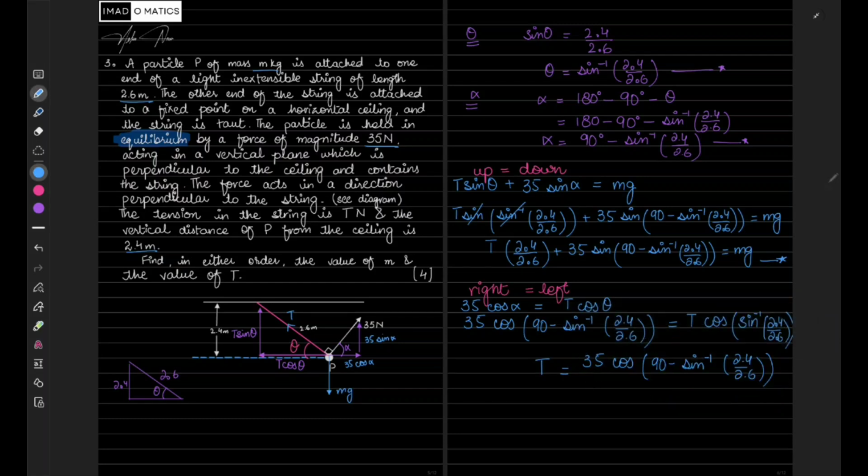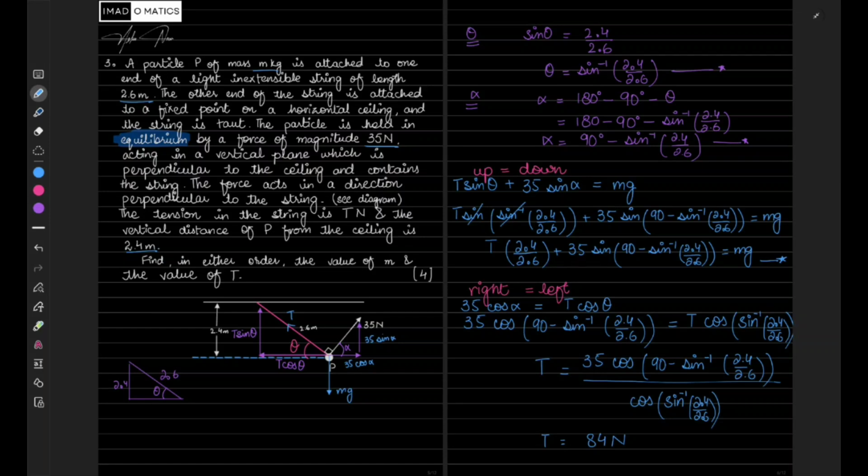So when you will be doing this, you will get the direct answer of T, the tension T to be equals to 84 newtons. Okay, use appropriate brackets to solve this whole.